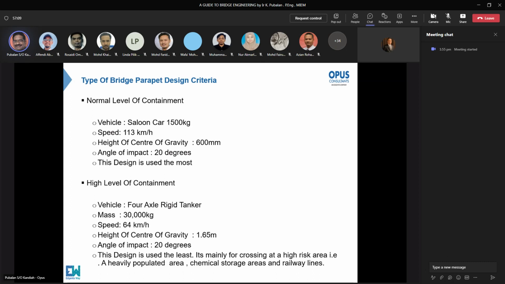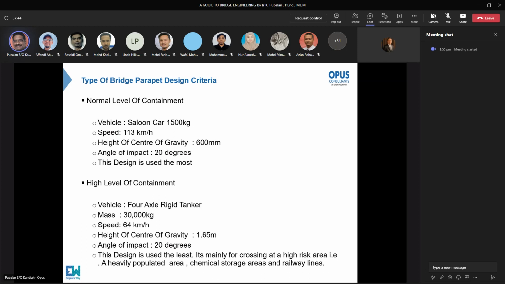So for most bridges which we see around us, where we have the standard NJB, the 1 meter high one, the level of containment for the parapet is normal containment. And if you have a lorry, which is about 10 ton or 20 ton, traveling 120, the lorry can crash on the NJB and it can be thrown off the bridge.